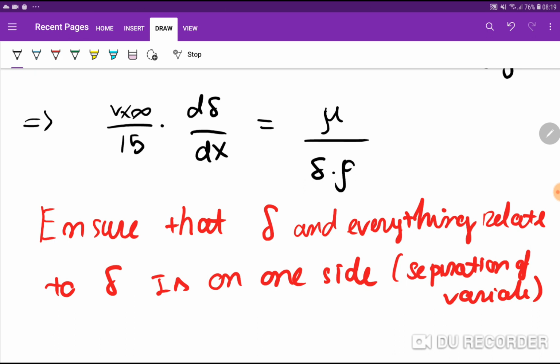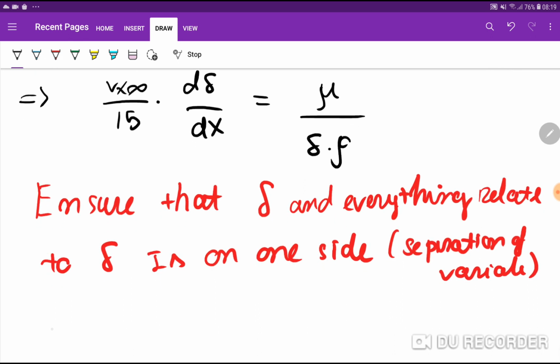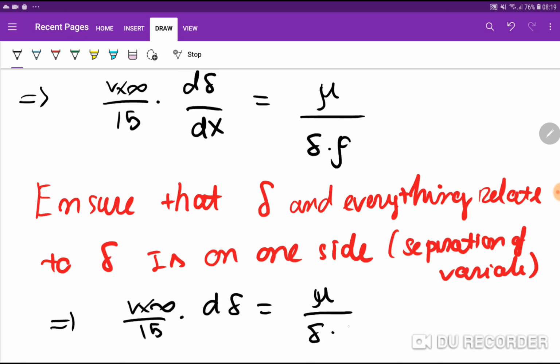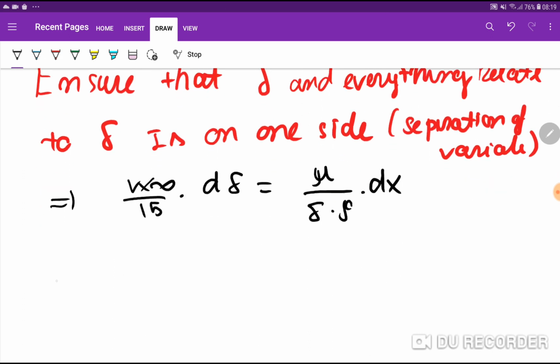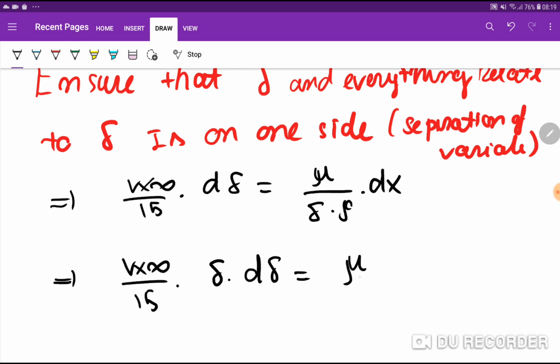I'm going to multiply by dx on both sides, so Vx infinity over 15 times dδ equals μ over δ times ρ times dx. And then I'm going to multiply by δ on both sides, so Vx infinity over 15 times δ dδ equals μ over ρ times dx.